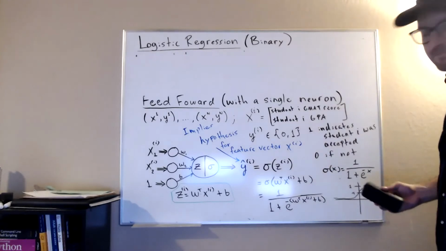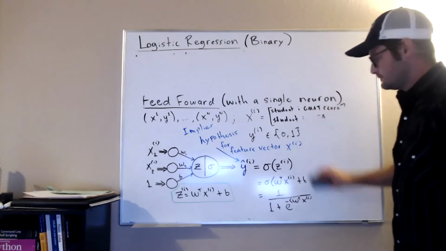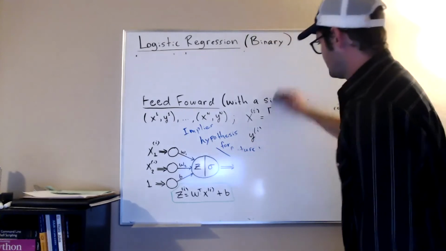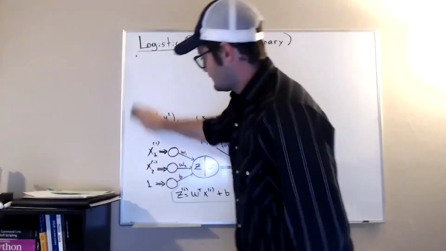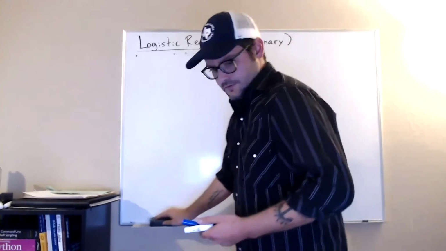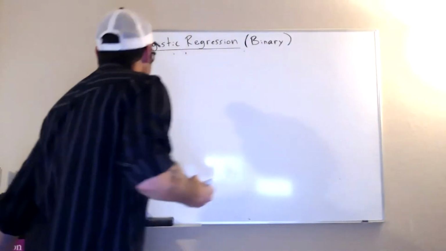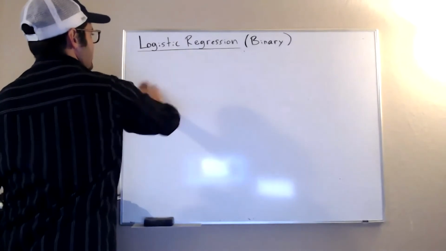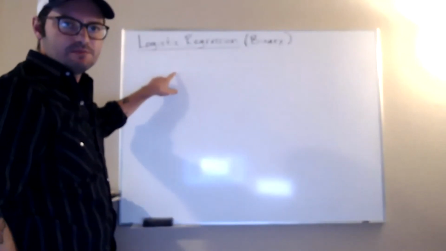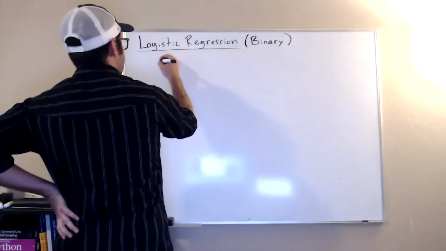Okay? I'm going to draw that neuron again up here just so we can keep in the back of our minds what's going on. So give me a second to draw this real fast.